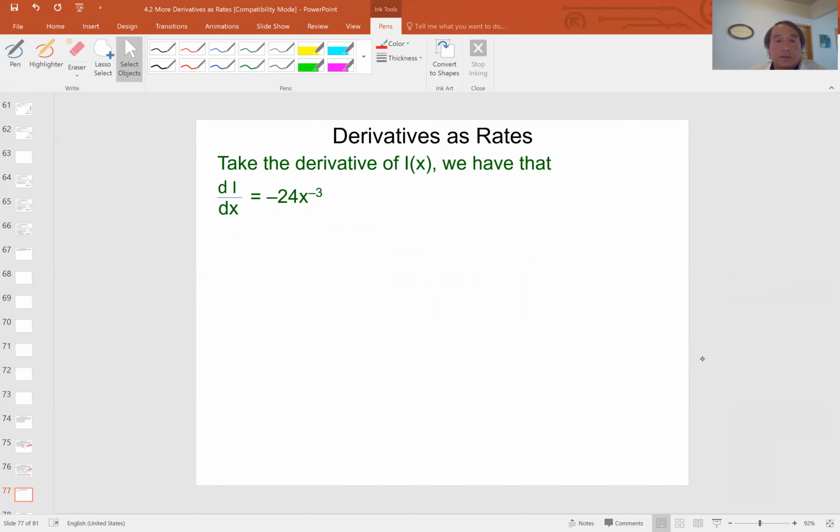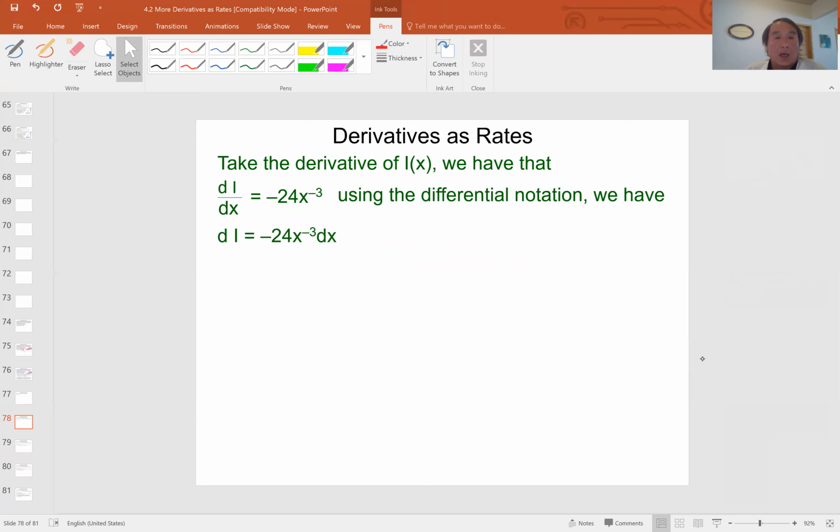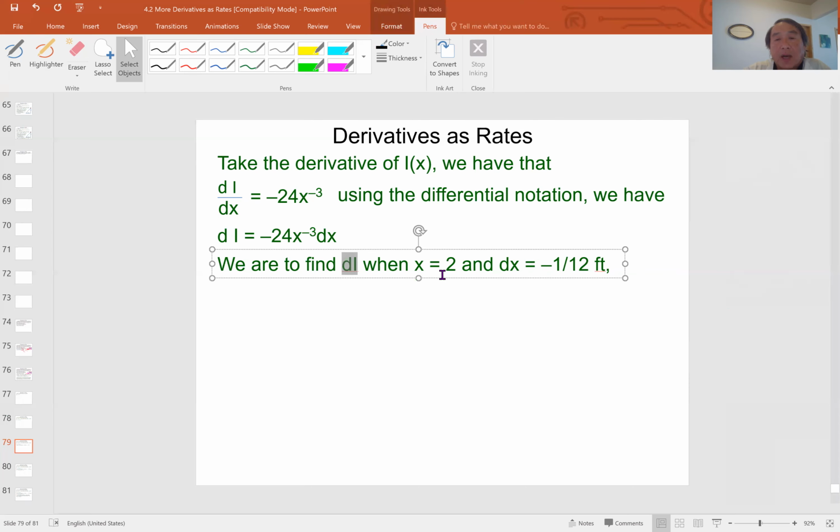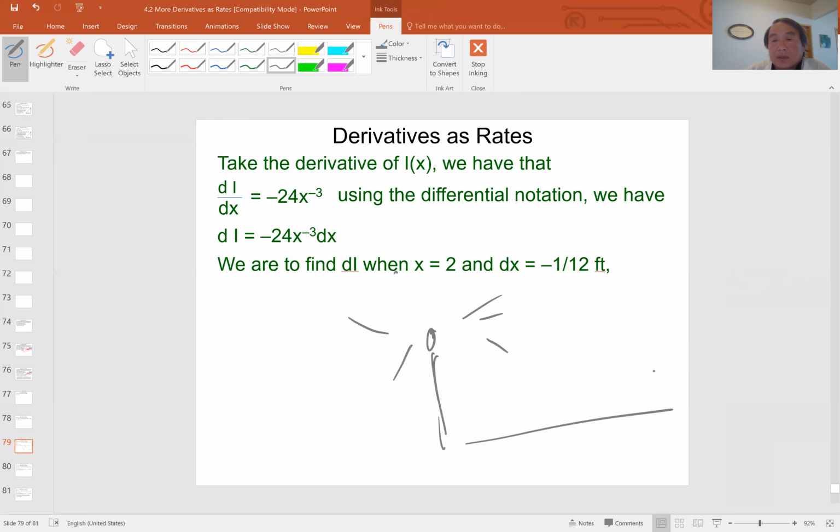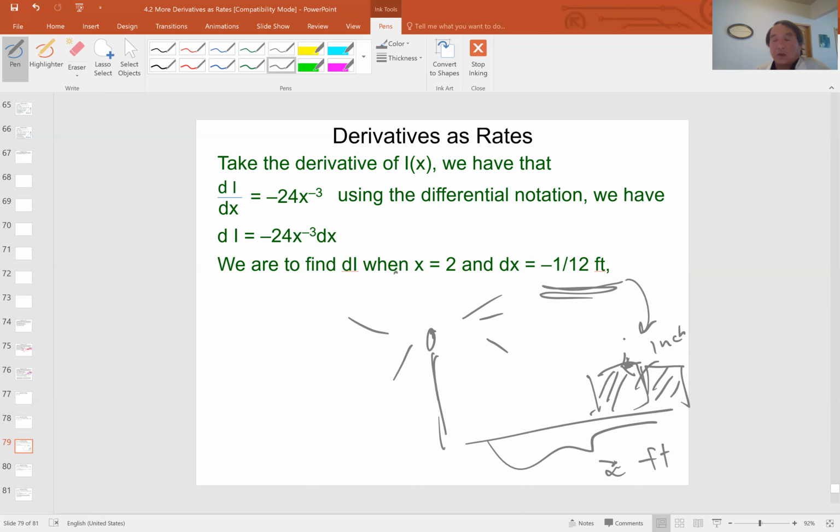You take the derivative of the intensity of the light versus the distance, and you want to find the change in intensity at x equal to 2 feet from the light. So here's the light, here's the object, and here's 2 feet. We're going to move the object 1 inch, or 1/12 of a foot. How much brighter will it be?